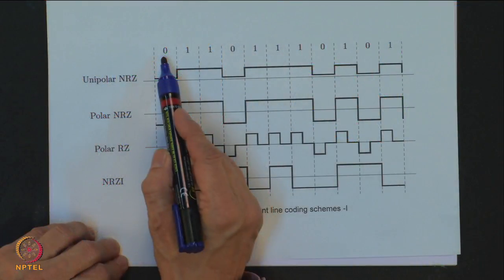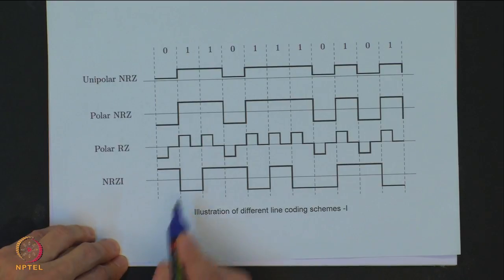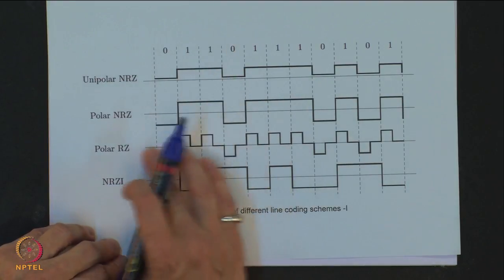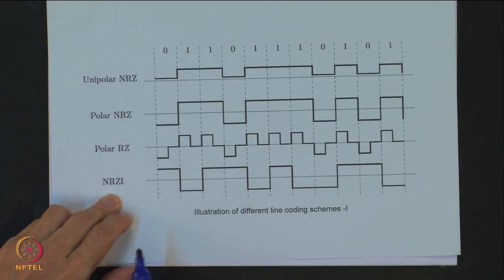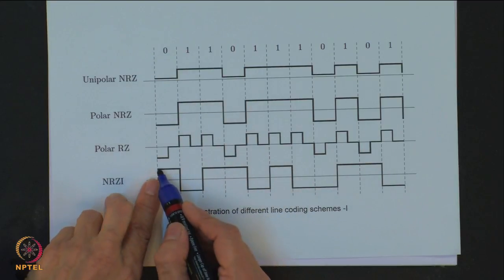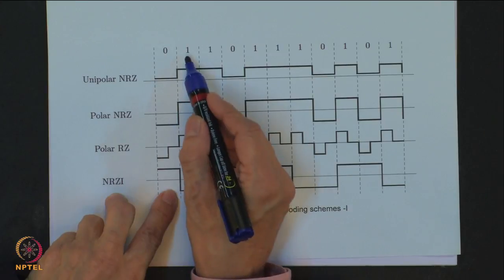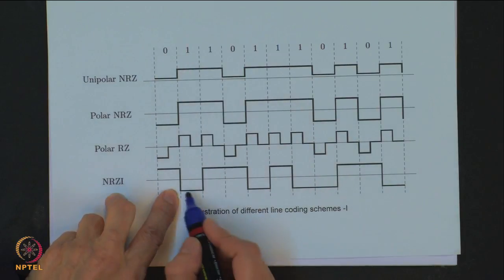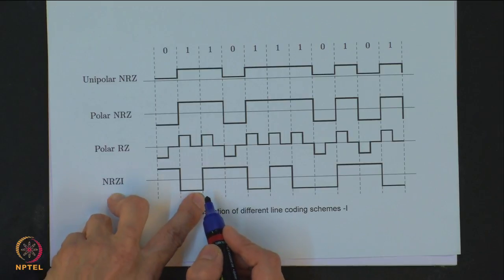So, let us take this as a data stream I have here, ignore other waveforms, look at the last row out here. So, I start with 0, let me say I was transmitting a positive value for this. Then when 1 comes, the transition takes place. So, this will change the polarity.